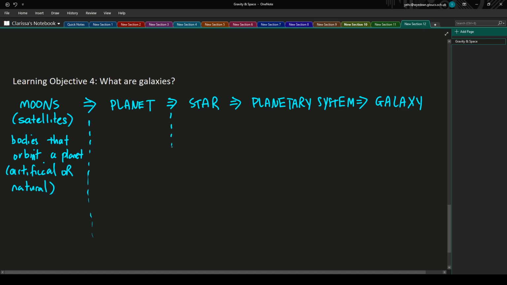Then we have planets, which is, as an example, Earth. So bodies that orbit a star. There's a bit more detail that goes into what a planet is, but that's just sort of the gist of it.